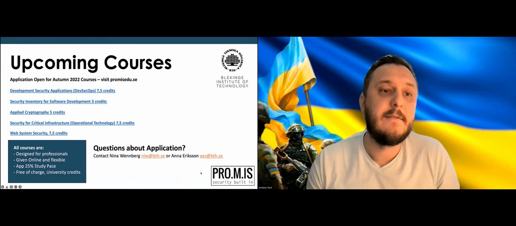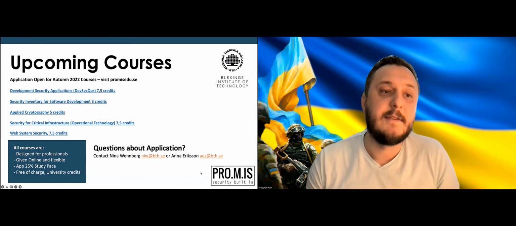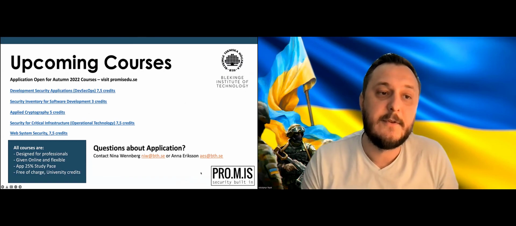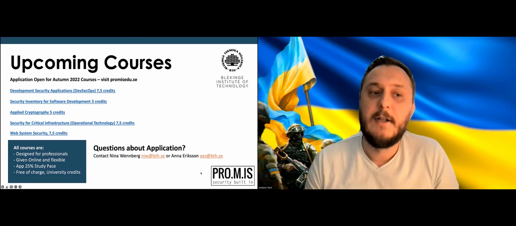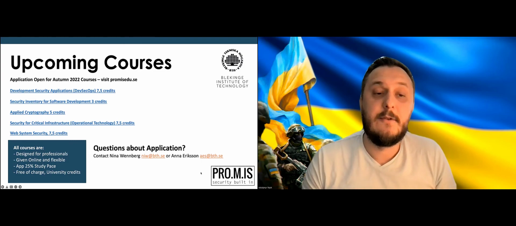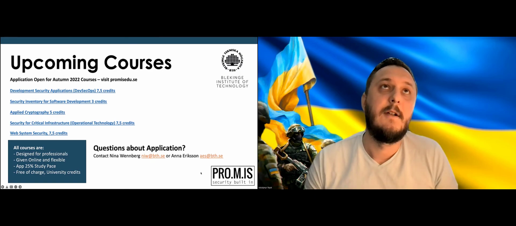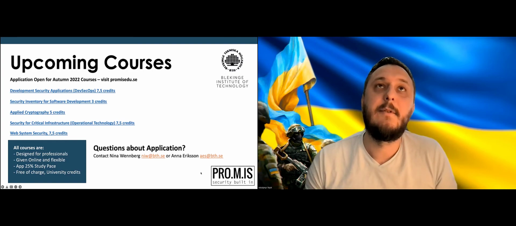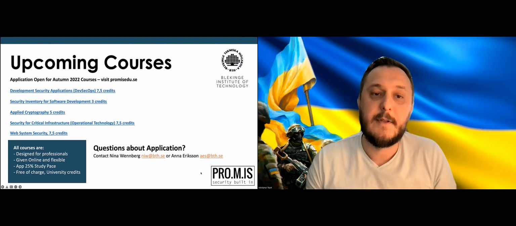These are Development Security Application, DevSecOps, 7.5 credits; Security Inventory for Software Development; Applied Cryptography; Security for Critical Infrastructure; and Web System Security. Web system security is probably one of the most popular, but I would say it depends on your area of interest and on the business you're involved in.